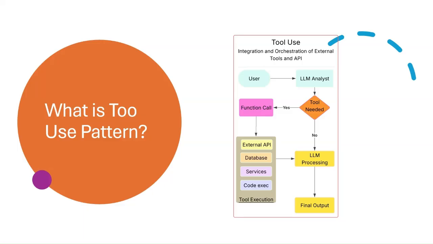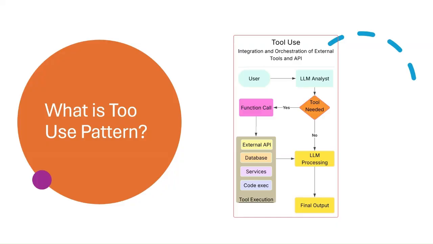The LLM interprets the request, understands the user's intent, and evaluates whether it can respond using its existing knowledge or if additional information or functionality is needed from an external tool. Then a tool selection decision is made. Once the request is understood, the agent determines whether external assistance is required based on the available tools and the nature of the request. It selects the tool that can best provide the required information or perform the necessary action.